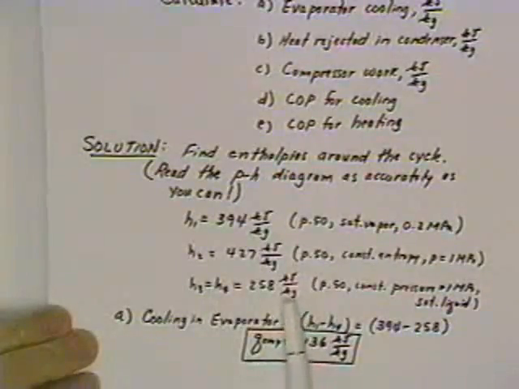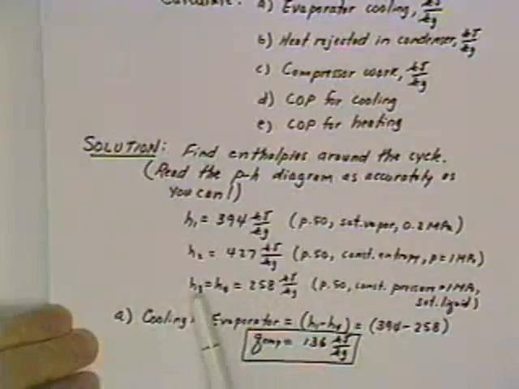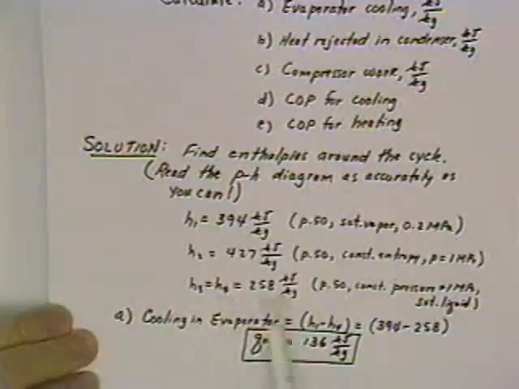H3 is fairly easy to locate. 258 kilojoules per kilogram is located on the saturated liquid line at 1 megapascal pressure. Since the process from 3 to 4 is expansion through the expansion valve or capillary tube, H3 equals H4, so it's also 258 kilojoules per kilogram.